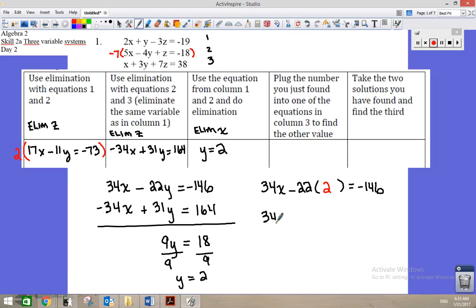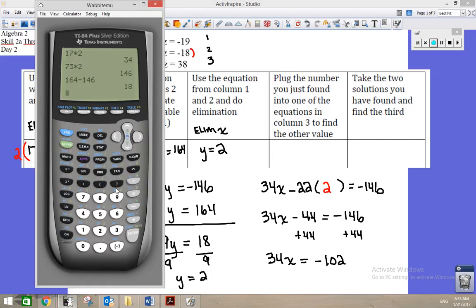So we've got 34x minus 44 is equal to negative 146. If we add 44 to each side, we'll get negative 102. So let's take that negative 102 and divide it by 34. I'm getting x is equal to negative 3.